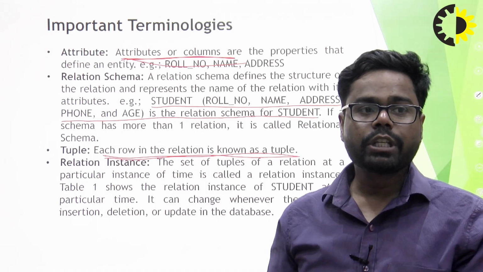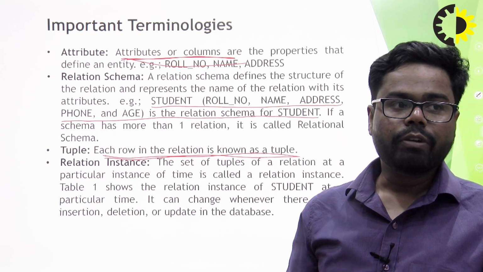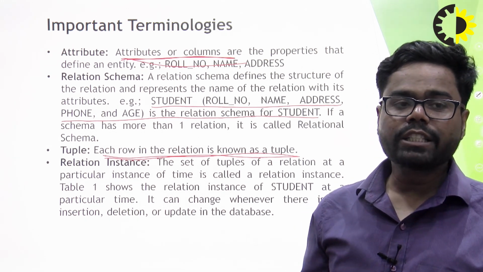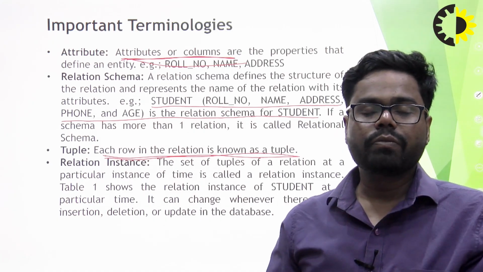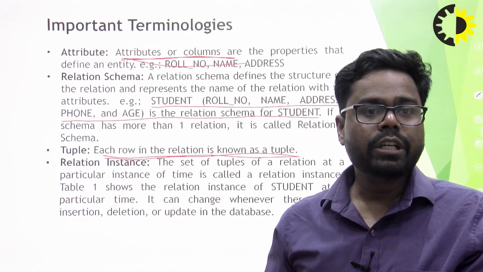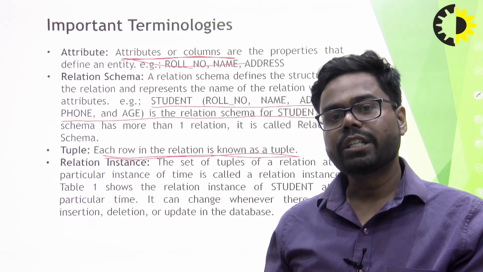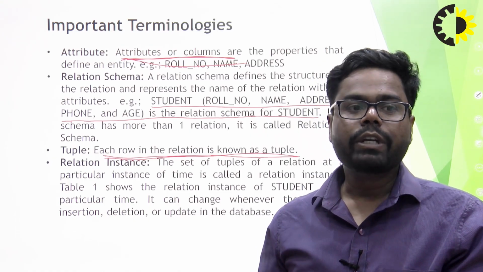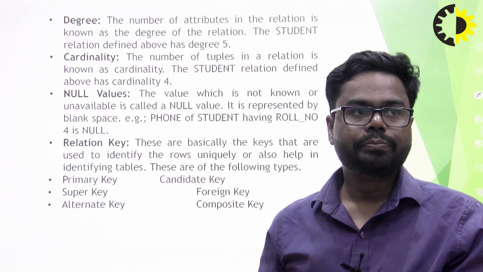Table 1 shows the relation instance of a student at a particular time. It can change whenever there is an insertion, deletion or updation in the database. We can update the database when we need it, and we can insert and delete in the database.